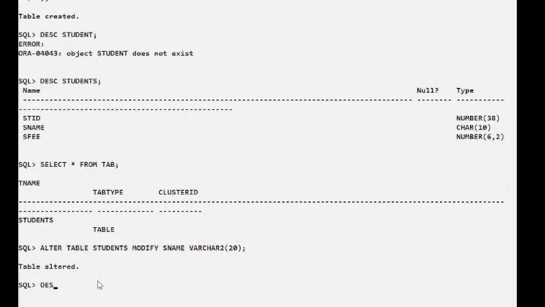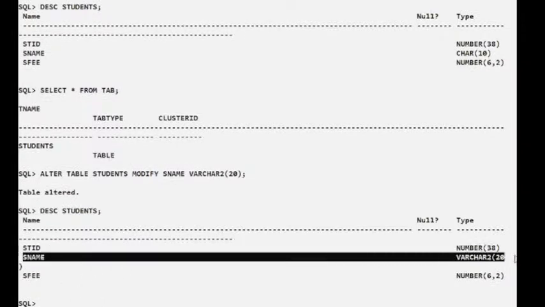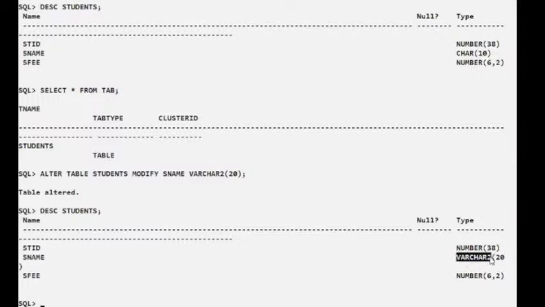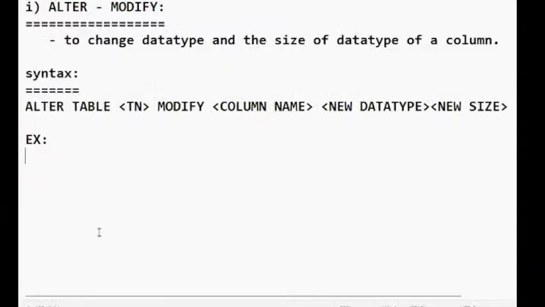Then again I have to go for desc students. And later you can see the S name column, whether the data type has changed or not. Yes, it was successfully changed to varchar2 with size 20. So whichever column's data type you want to change, you can change it like this.